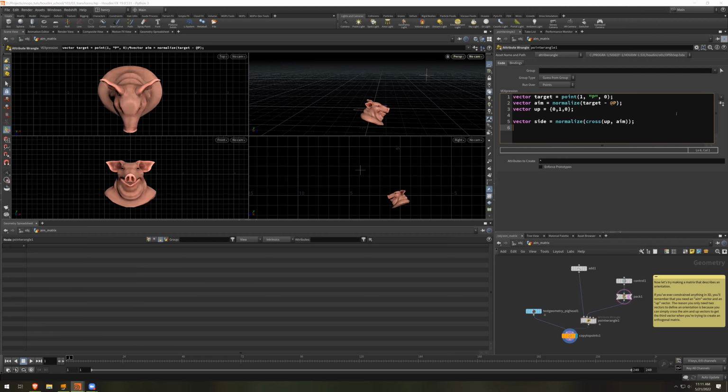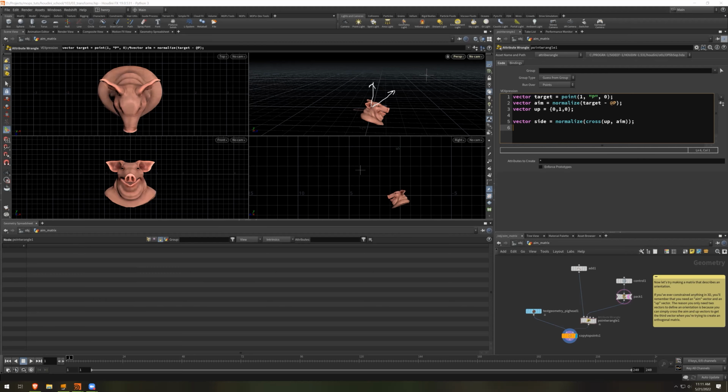So now we have a stack of 3 vectors, right? The problem with this approach, and it is a problem, but it's solvable, is that, again, I'm going to just activate draw here. Remember that we've got this aim vector here, and we've got this up vector here. These are the 2 vectors that we've described. And our cross product from these 2 is going to roughly be directly along the x-axis.